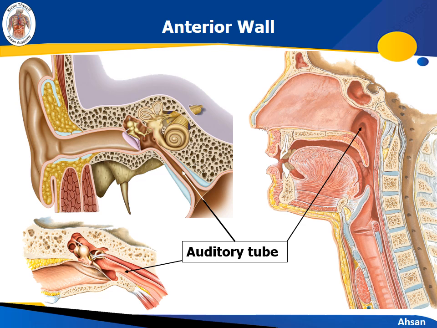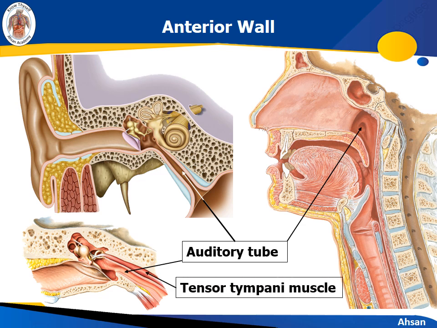This connects the nasal cavity and through that to the atmosphere. So atmospheric air can get inside the middle ear cavity, and air from the middle ear cavity can come out through this tube.